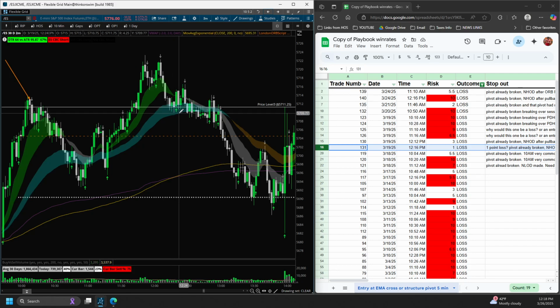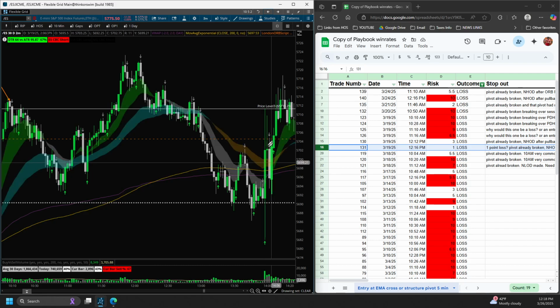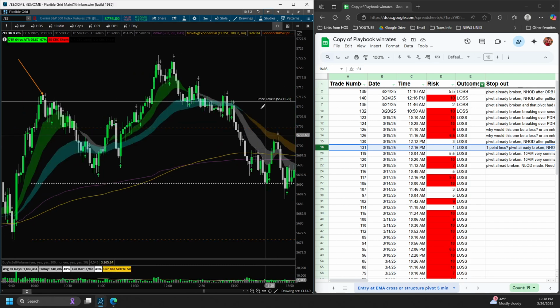Potentially move lower. If you had this whole leg, or even depending on the higher time frame, and then it fails up here, I would be thinking, all right, we're going to come back down here and test this area, and that's exactly how it plays out. And then there's FOMC, so we'll disregard that.